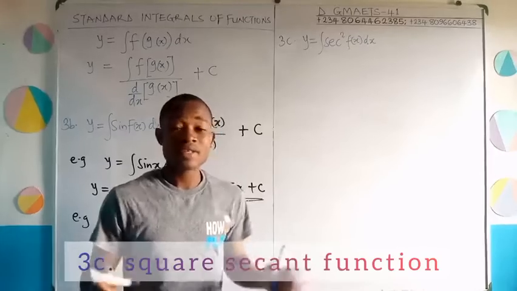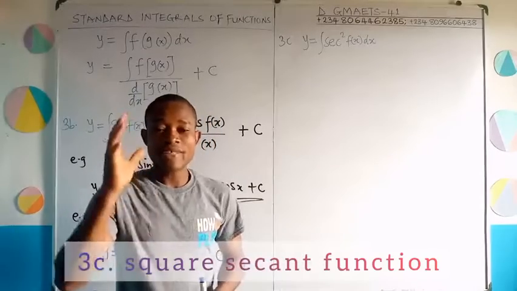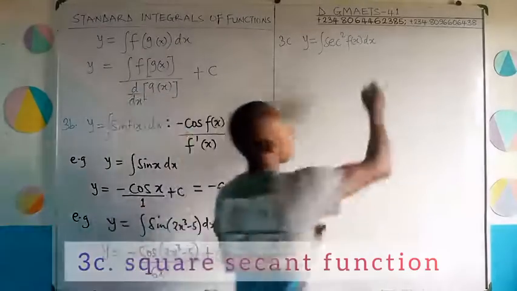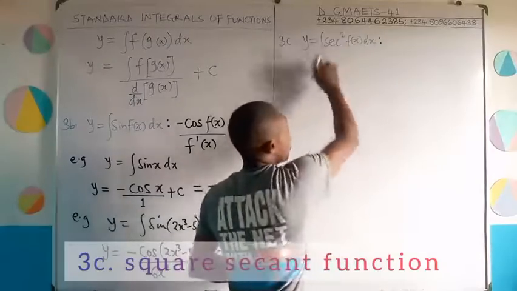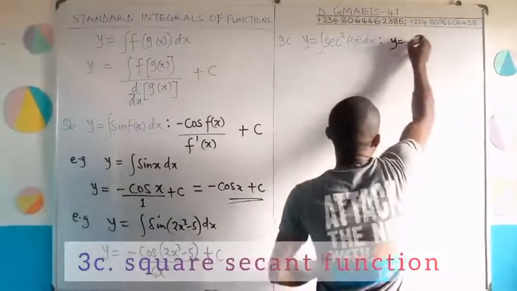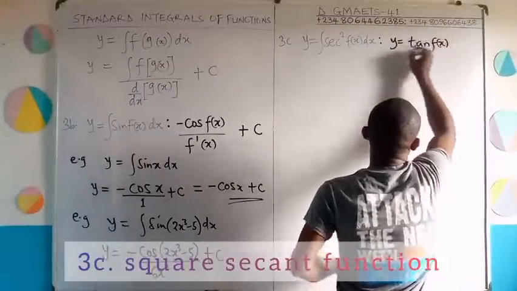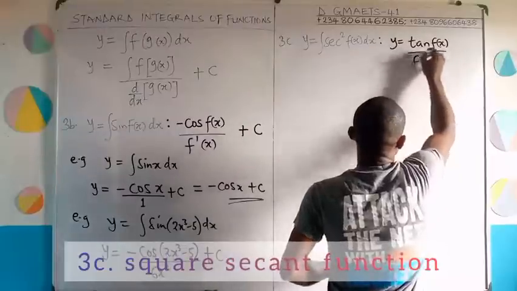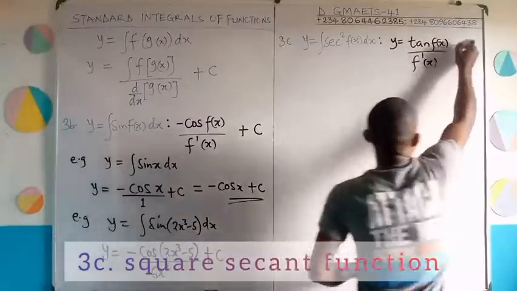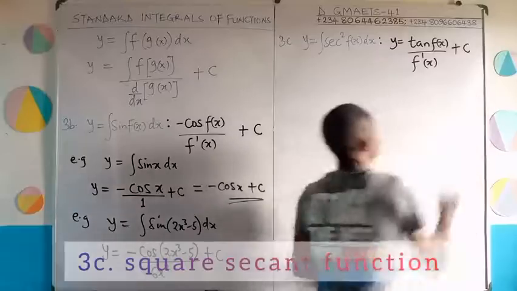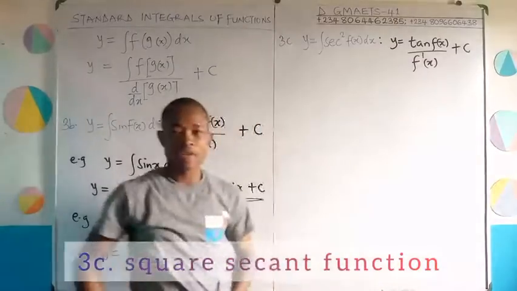And the answer is tan. We differentiated tan to get sec square. Therefore, if you integrate sec square as a major function, you are expected to get tan. So this is going to be tan f of x, then divide by derivative of that f of x. Introduce your constant of integration. So take note of that.